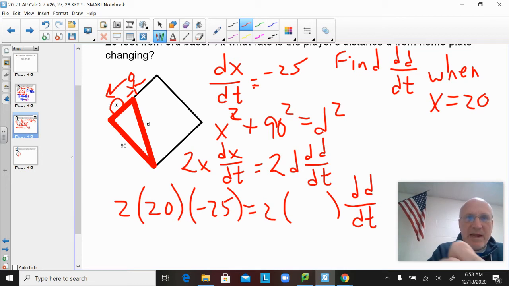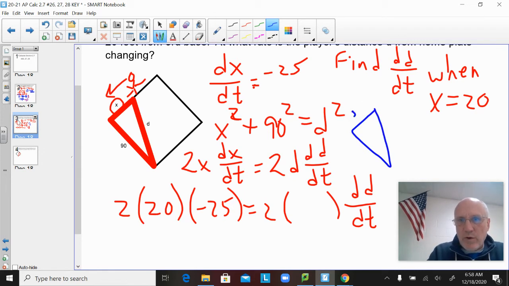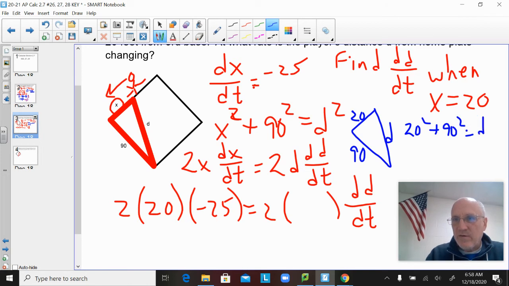So again, I have to Pythagorean theorem it up here. I'll draw this small-ish. At the point where that's 20 and that's 90, I need to know d. So it's 20 squared plus 90 squared equals d squared. d squared equals 8,500, so d is the square root of 8,500.